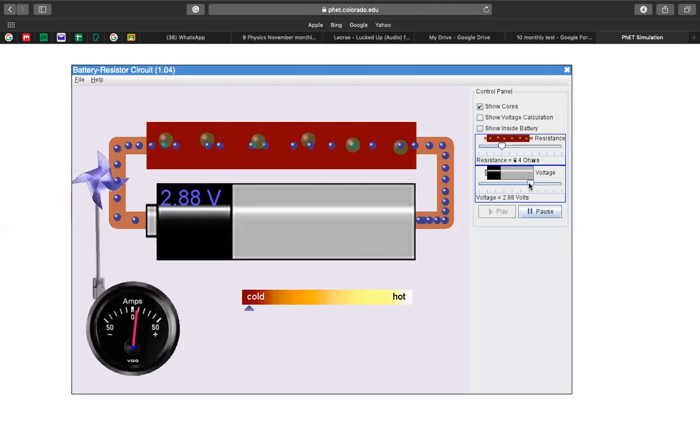Right, so they're moving at this steady speed, and what can we call these blue things? What do you think they're called?